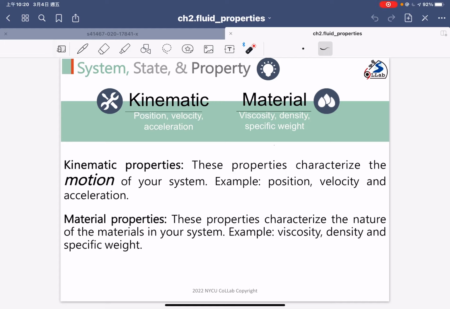As I highlight, some important kinematic parameters here are position, velocity, and acceleration. These are very normal parameters related to kinematics. And for the material, we may have viscosity, density, and specific weight. But as I mentioned, totally we have 8 fluid properties today.